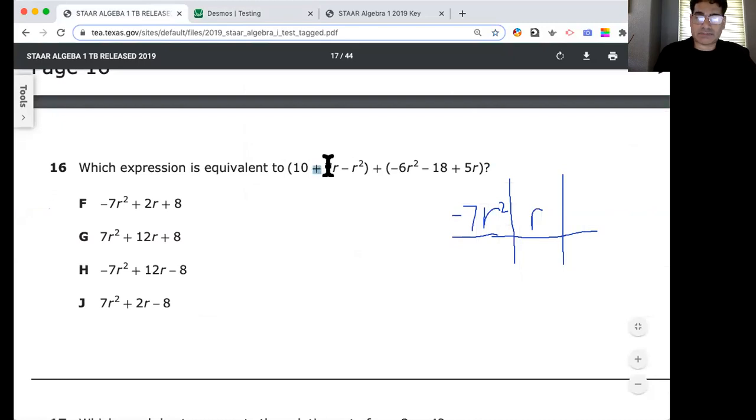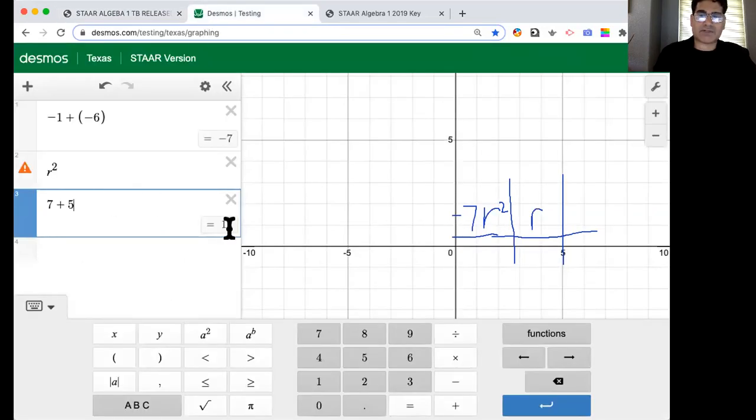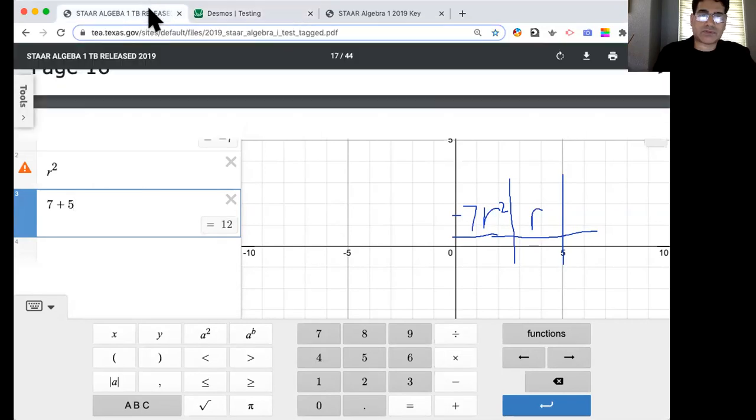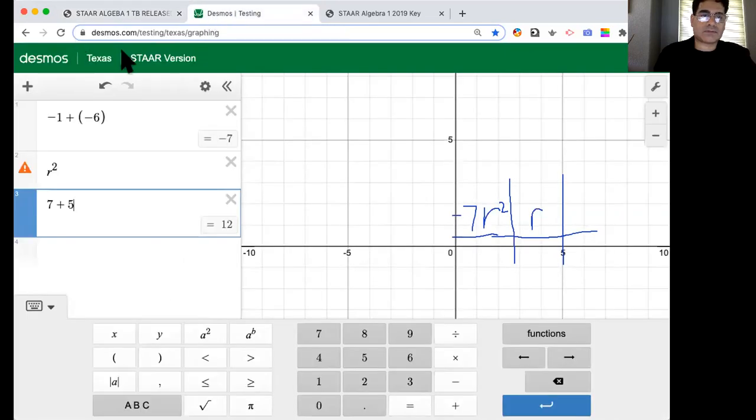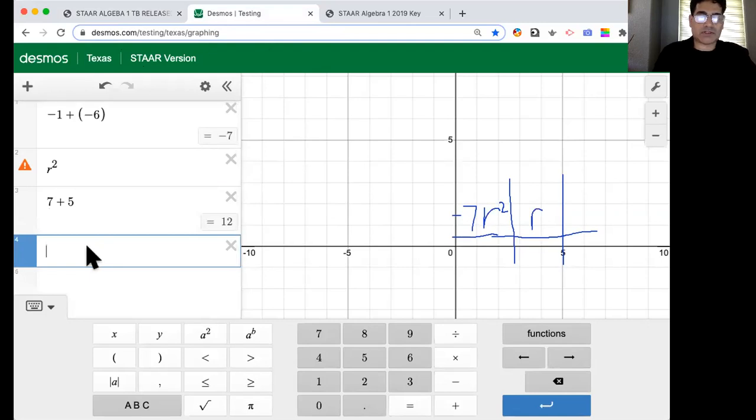We have +7, and we have +5, and we're adding them together in Desmos. 7 plus 5 equals 12. So we have 12R. We're going to put that 12R over here. It's a positive 12R.